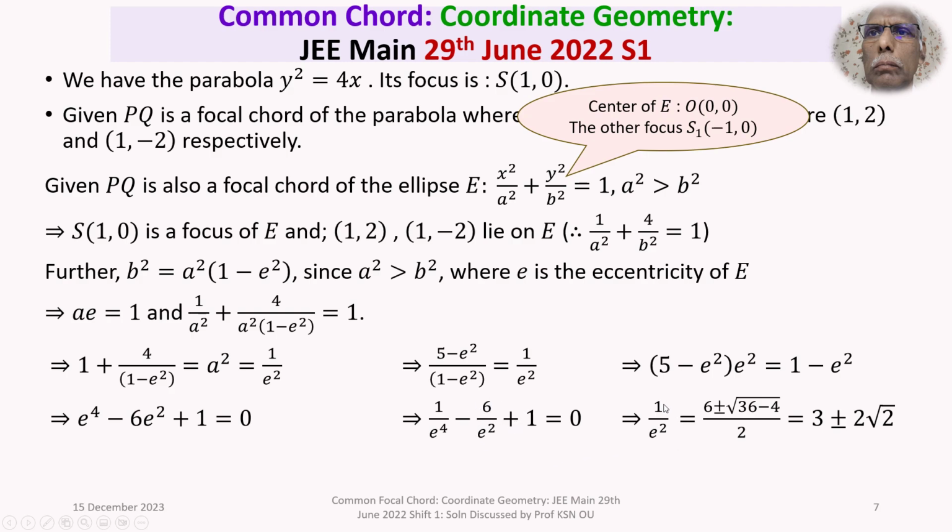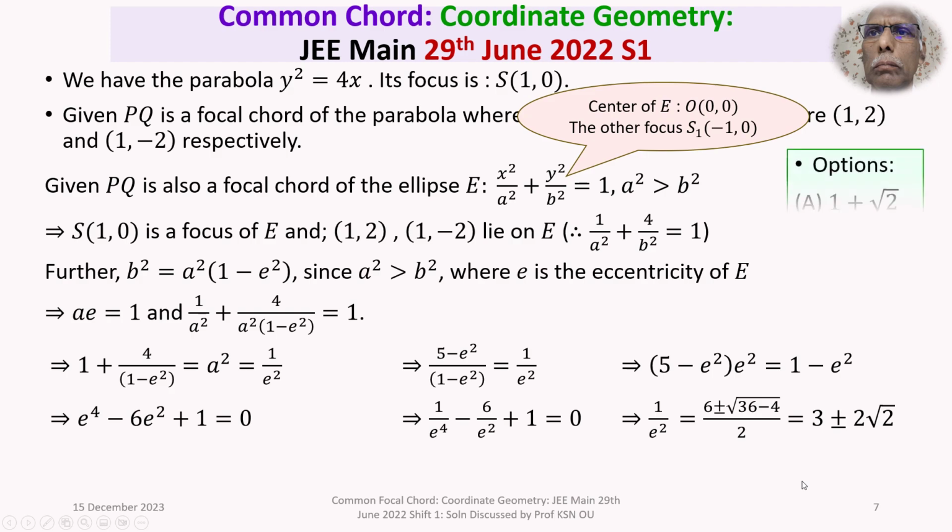So solve for 1 by e square, which is equal to minus b plus or minus the square root of b square minus 4ac, by 2a, and on simplification you will get 3 plus or minus 2 root 2. 3 plus 2 root 2 is obviously positive. 3 minus 2 root 2 is also positive. So both can be answers for 1 by e square.